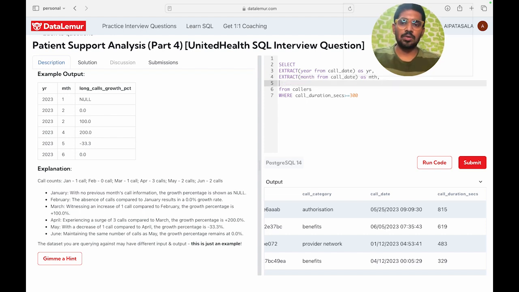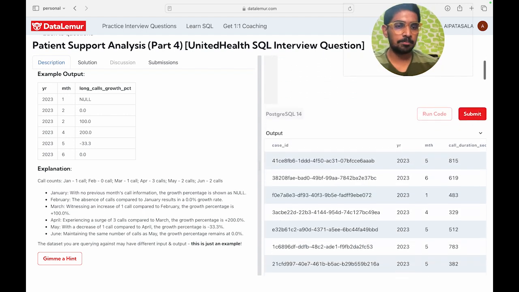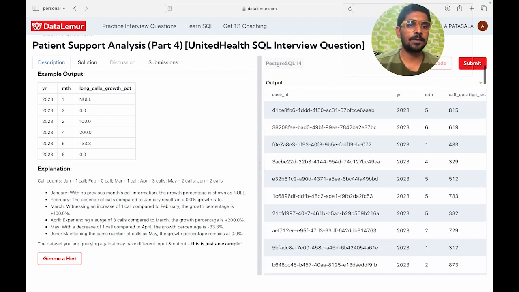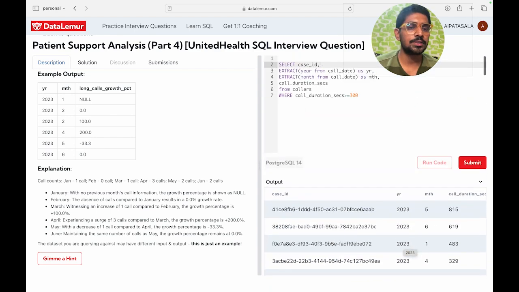And then call duration we need. Let us also put the case ID, independent ID, case ID. We need case ID, year, month, and then call duration.